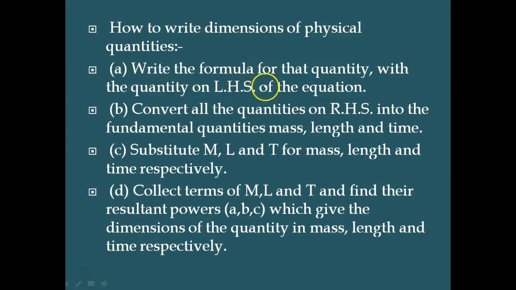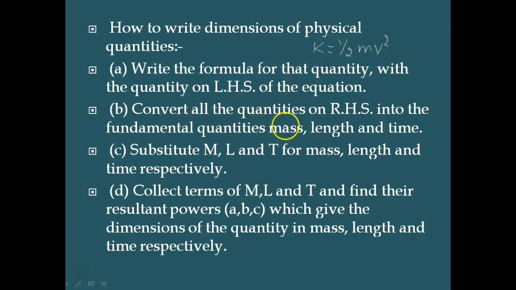Write the formula for that quantity with the quantity on the LHS of the equation. For example, if I say kinetic energy, then I should write the formula, isn't it? K is equal to half mv square. That is the first step.